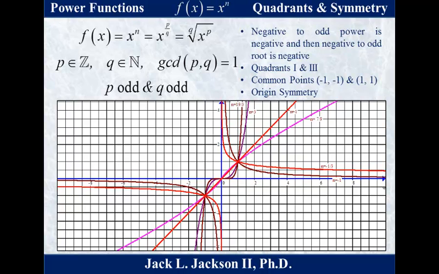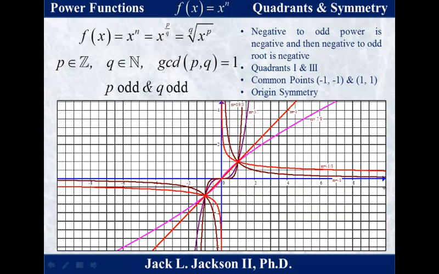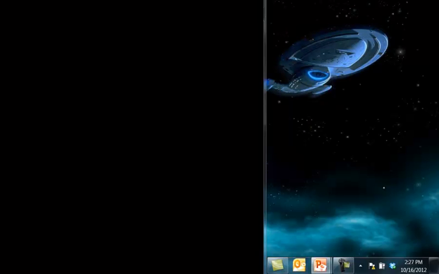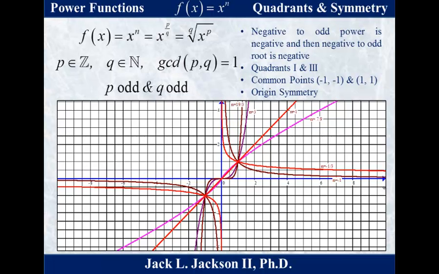So origin symmetry is what we call rotational symmetry. So if we were just to take this and rotate it 180 degrees, like this, upside down, then you're going to see that the graph looks the same. So 180 degree rotation is going to be the same thing there.